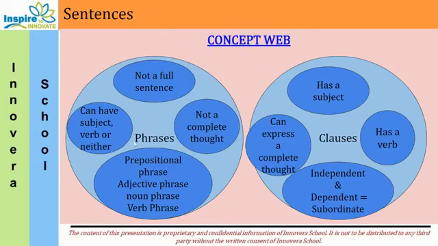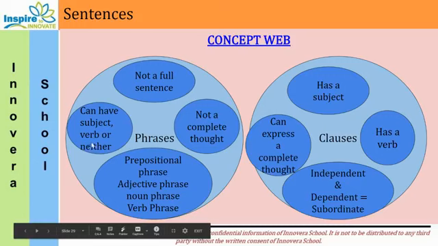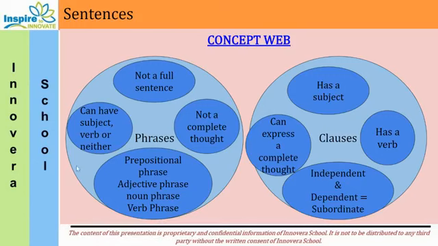Here it is written phrases. Now what are phrases? It is not a full sentence. It is a group of words with some meaning, which has some sense, but it is not a complete sentence or a complete thought. It can have a subject or verb or neither.